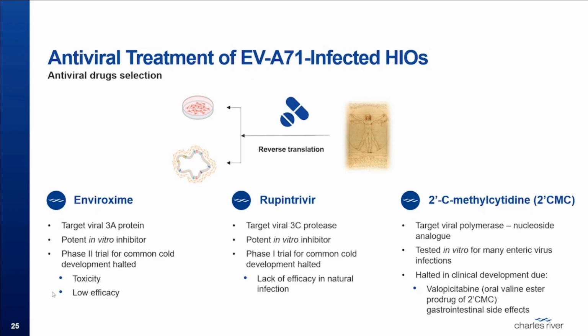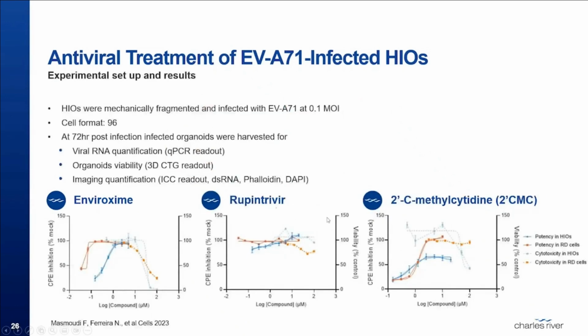So in this next slide, if you focus at the bottom, you have the results of both efficacy and toxicity of these 3 compounds. The dotted line shows the toxicity. In blue are the organoids, in red is the reference cell line, and the continuous line instead shows the efficacy, again red for the cell line, blue for organoids.